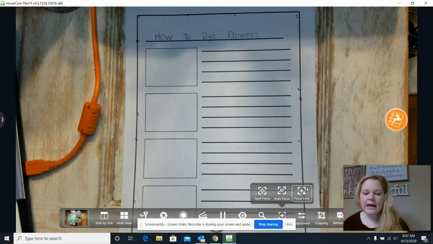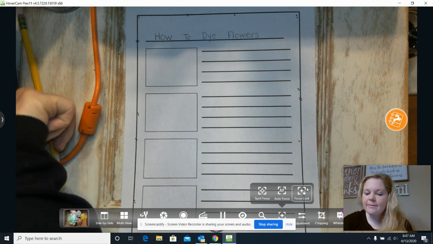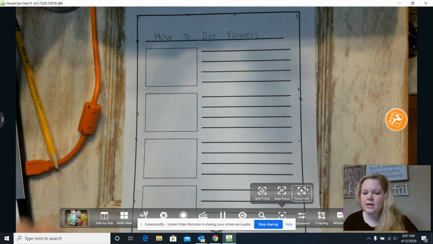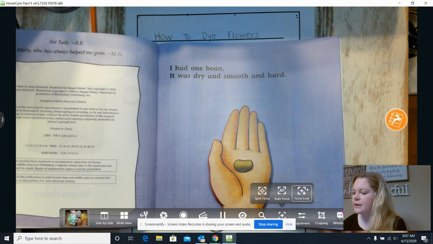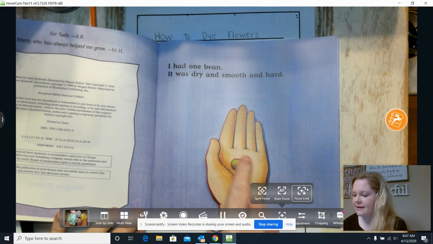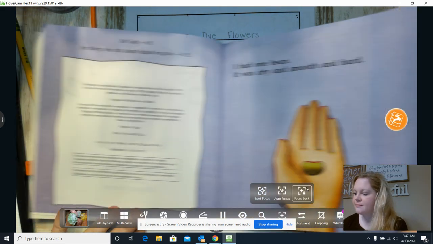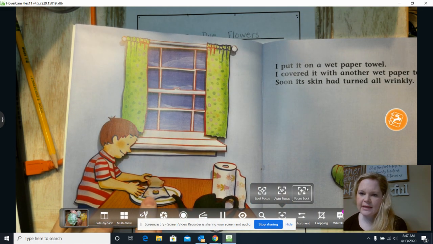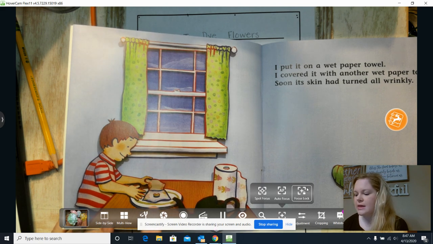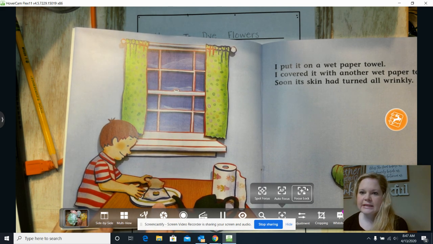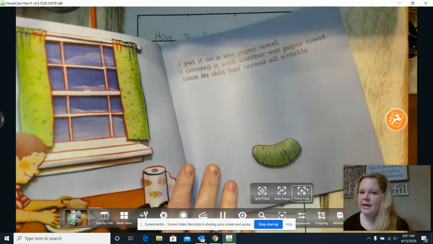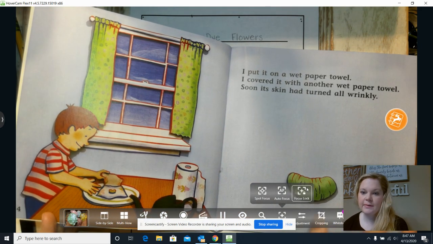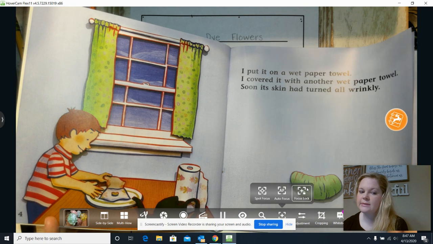Now, I'm going to think back to the story that Mrs. Prince read yesterday, One Bean. They gave step-by-step directions with pictures. If you don't remember, it talked about the one bean and gave a picture of that. Then it went step by step on how he was going to make this plant. He took a paper towel and covered it with water, and then he put the bean inside, and it showed a picture and told us in words what he was seeing.